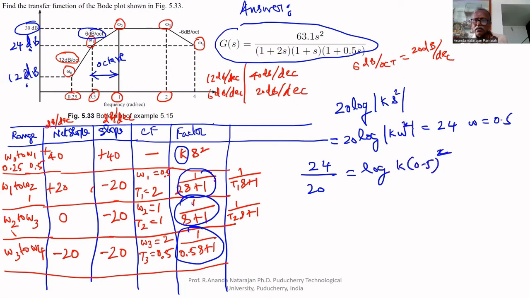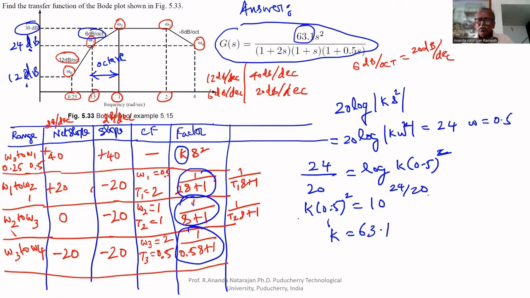So K times 0.5 whole square equals 10 to the power 24 by 20. Therefore, K equals 63.1.